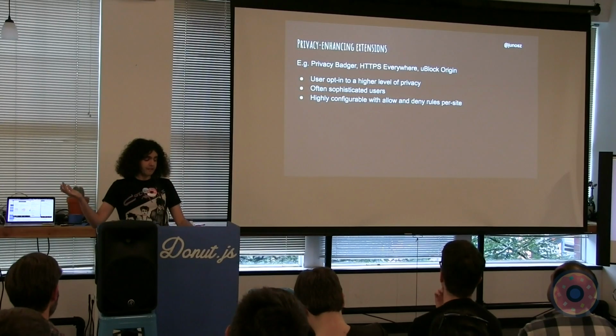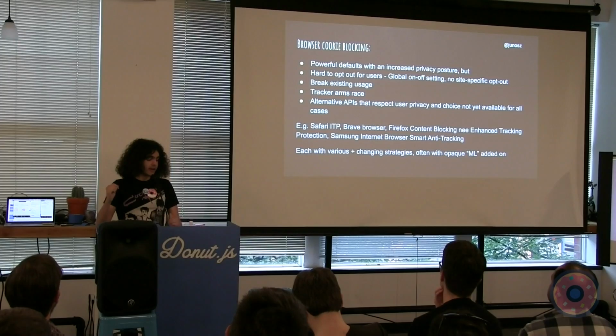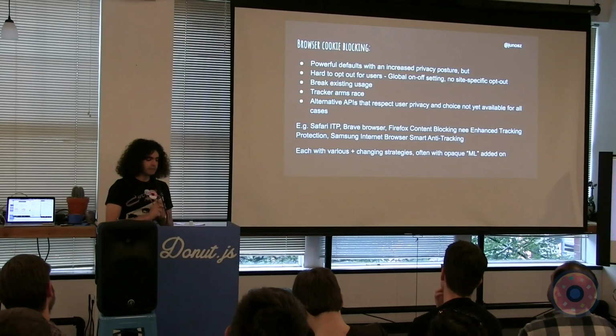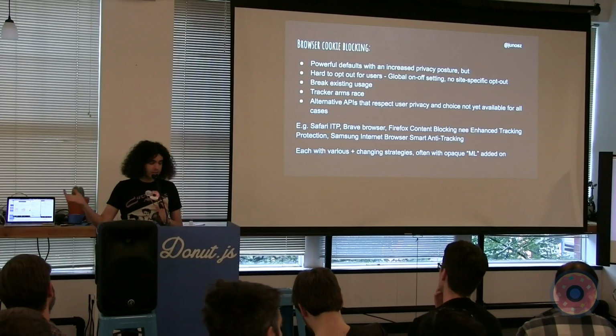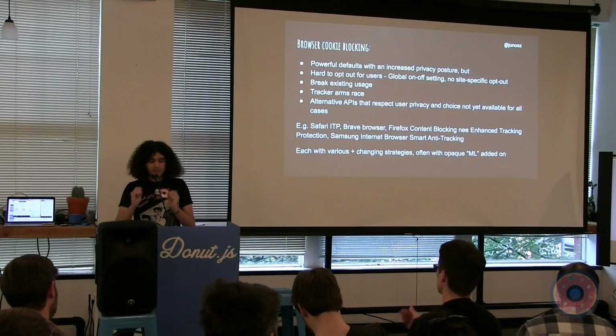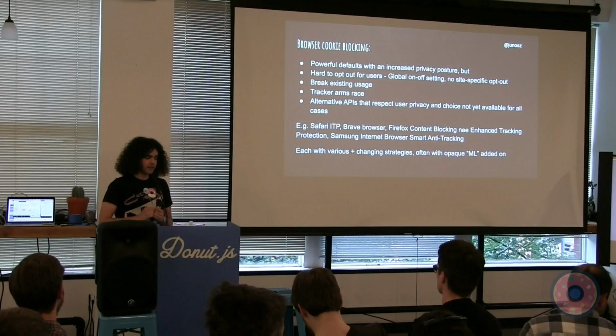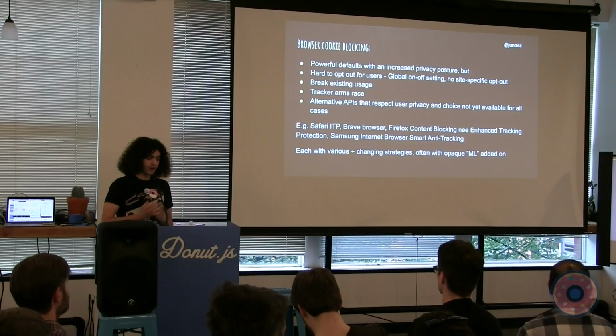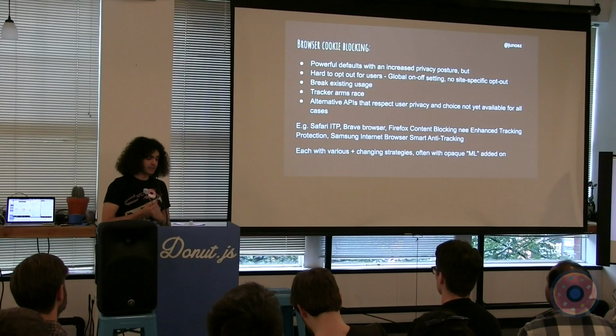The other side of that is that browsers have begun to take a more heavy-handed approach in terms of blocking third-party cookies, and the number of specific technologies that have been used is increasing. Safari has Intelligent Tracking Protection. The Brave browser has their own whole set of heuristics that are baked into their whole ethos.